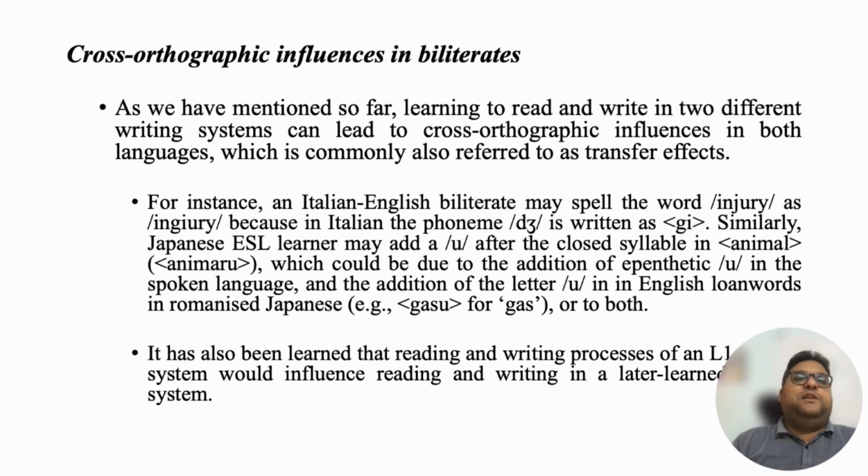So in Japanese, there is this u attached to most spoken words, which could translate to these kids learning to write in English, because they are bringing that knowledge from their Japanese. Also, it has been learned that the reading and writing process of an L1 system would also influence the reading and writing system in a later learned system. So L1 to L2 effects will also be there, as we have been talking about.